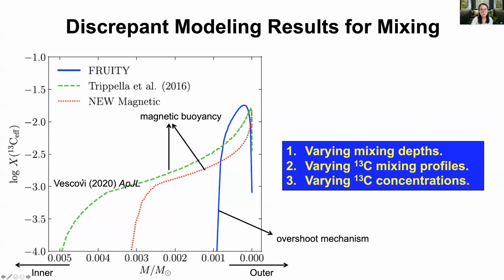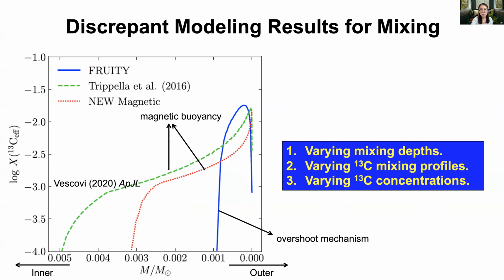And plotted here is the carbon-13 concentration in the helium intershell below the hydrogen envelope. We see that even by considering the same mechanisms, it can result in quite different results due to the involved free parameters. So the properties of the formed carbon-13 need to be further constrained by experimental work.